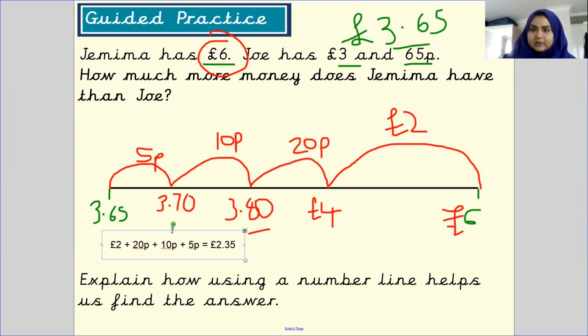Okay, so how much more money does Jemima have than Joe? So Jemima has £2.35p more than Joe.